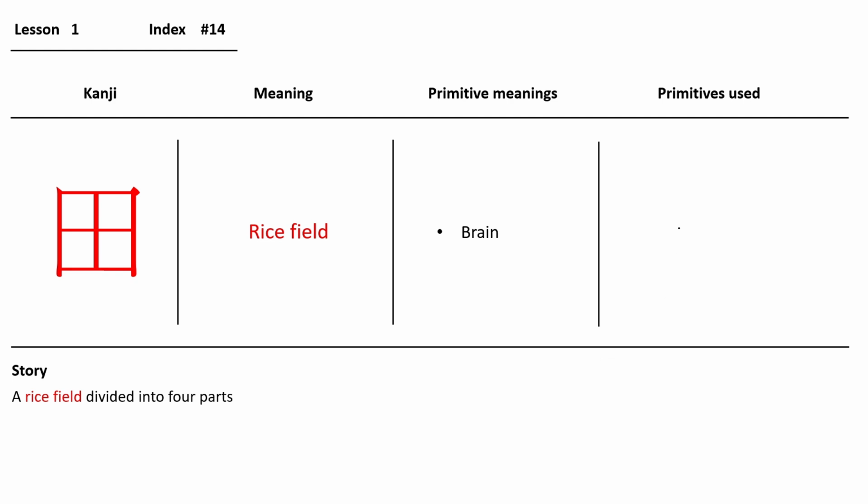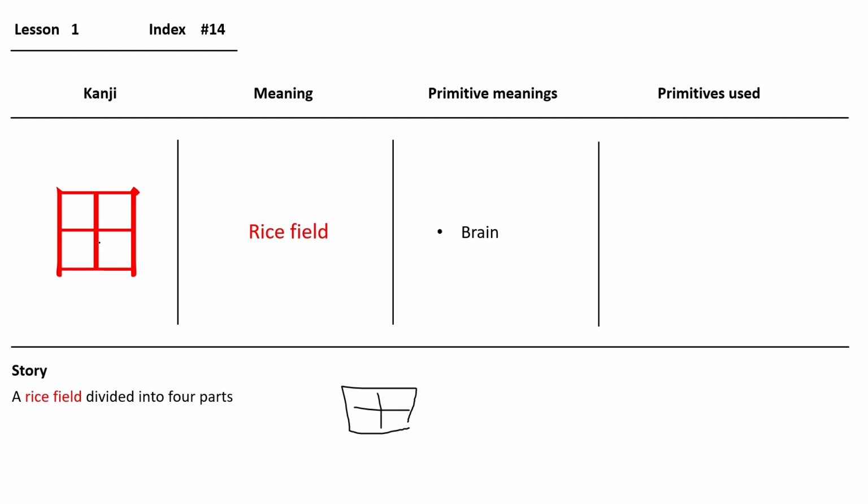And again, this is a quite simple character, and we could come up with some story like this is a mouth, and this is number 10 inside, so we could come up with some 10 mouths or something. But sometimes it's really easier just to treat these characters based on how they look, especially these easy ones. So instead of coming up with some weird story using mouth and 10, you just say that this is a rice field divided into 4 parts.